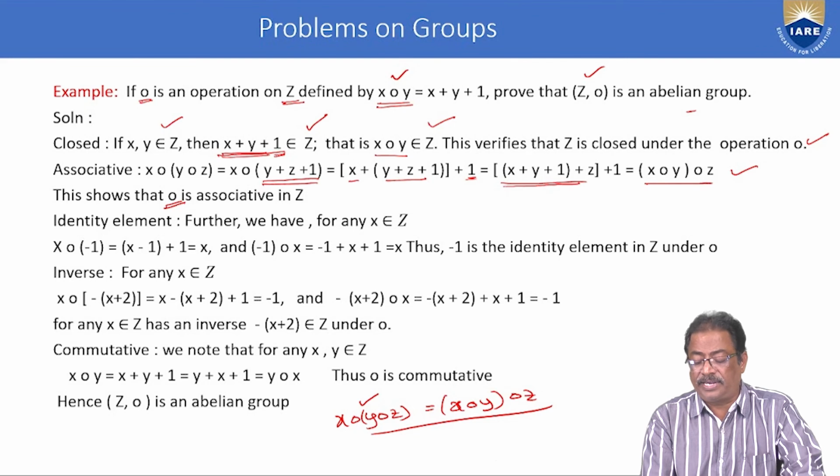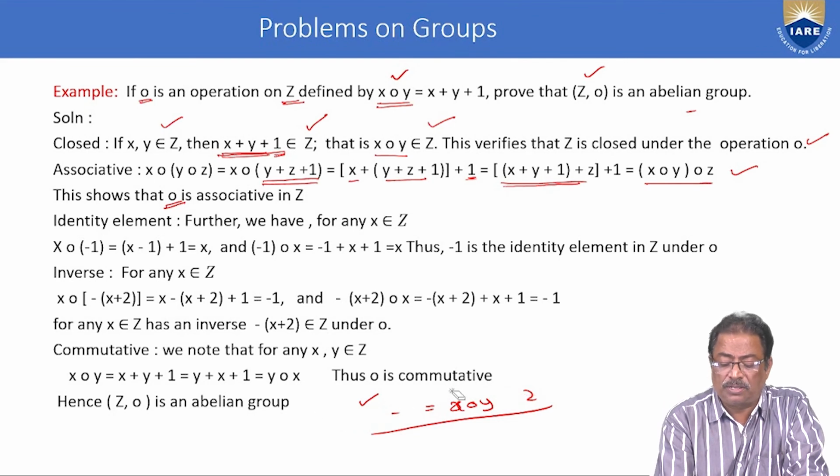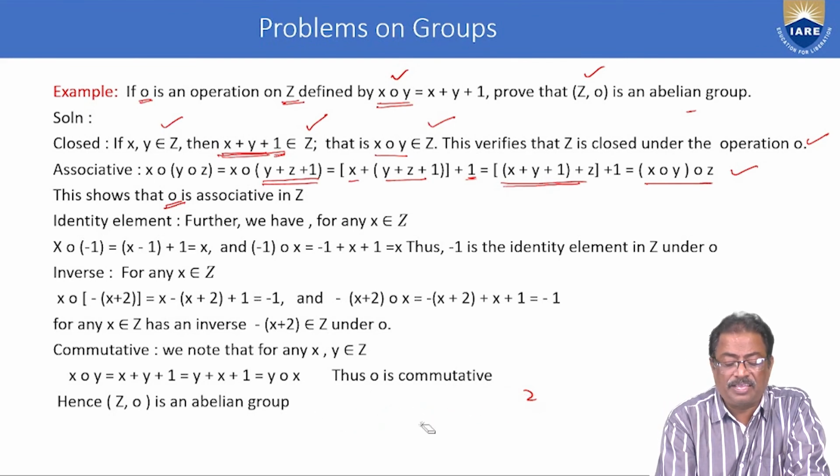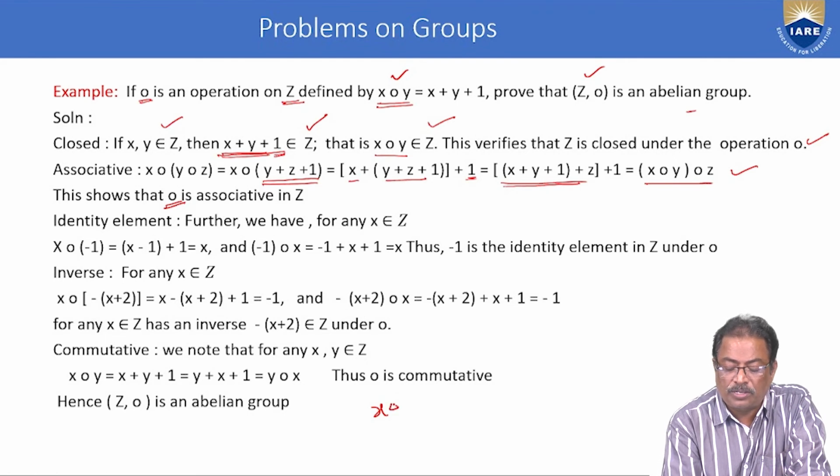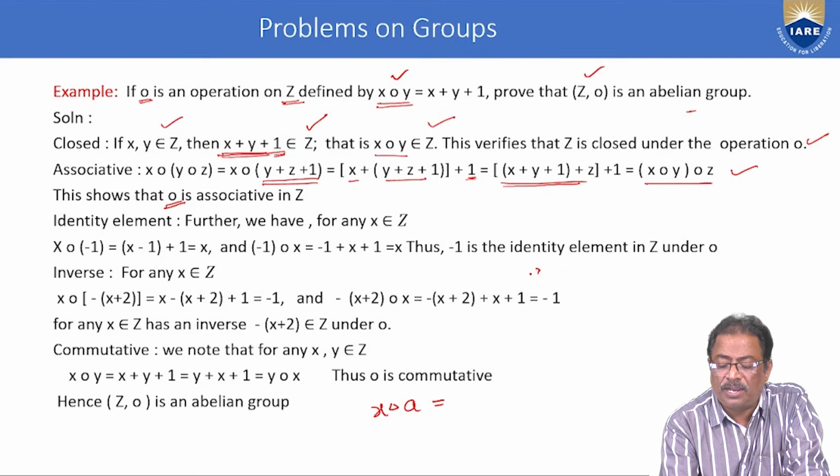Now we have to find out what the identity element is. Let us assume that A is the identity element of X. Then I am taking X circle A and calculating what A is.